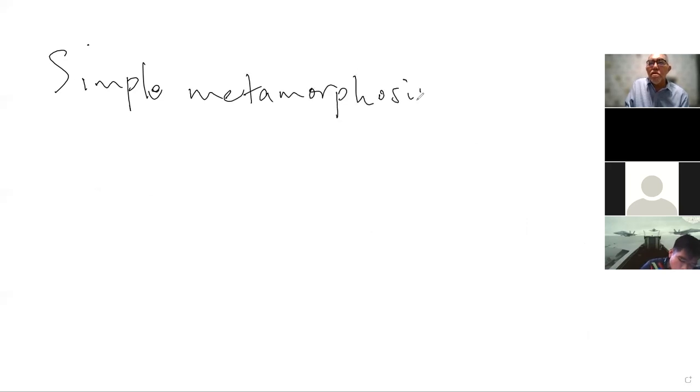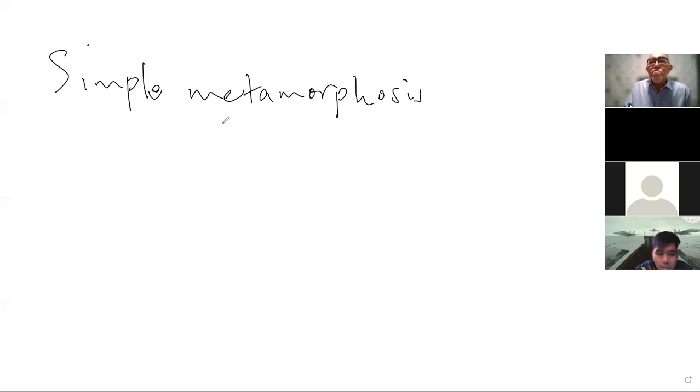Okay. So we don't actually refer to the development of termites as incomplete metamorphosis. Rather, we identify it as simple metamorphosis. Simple in term, but in reality, it is very complex.